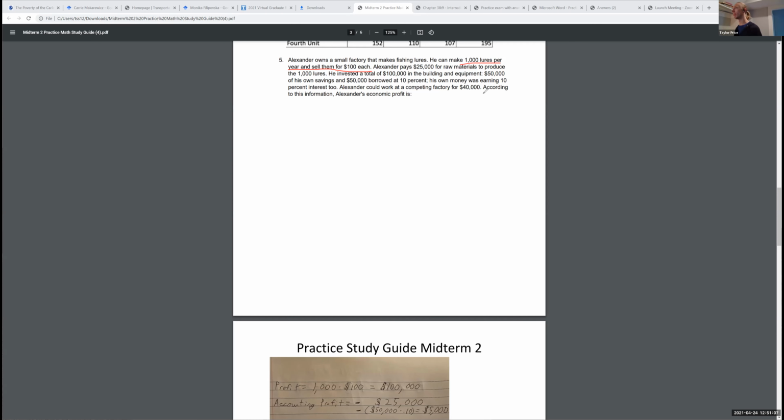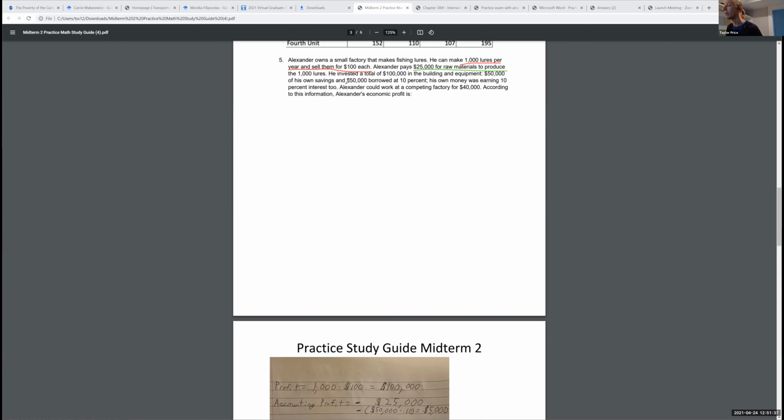Then you're going to be given a bunch of costs. In this case, he pays $25,000 for raw materials, so that is something you need to take out of his revenue. Then he invested $100,000 in the building and equipment: $50,000 from his own savings and $50,000 borrowed at 10%.